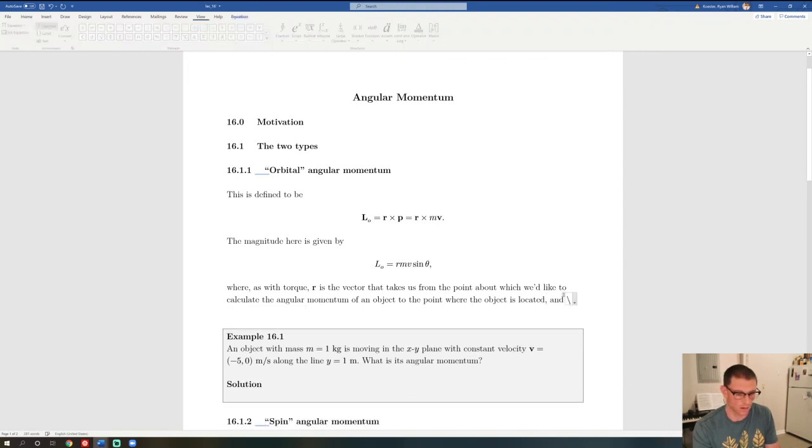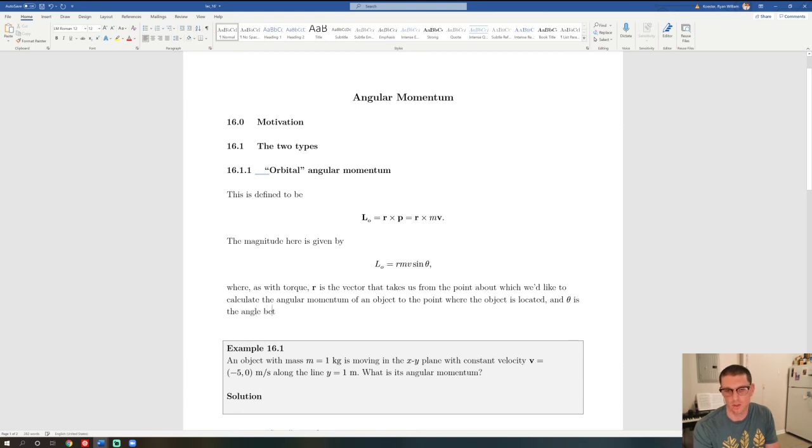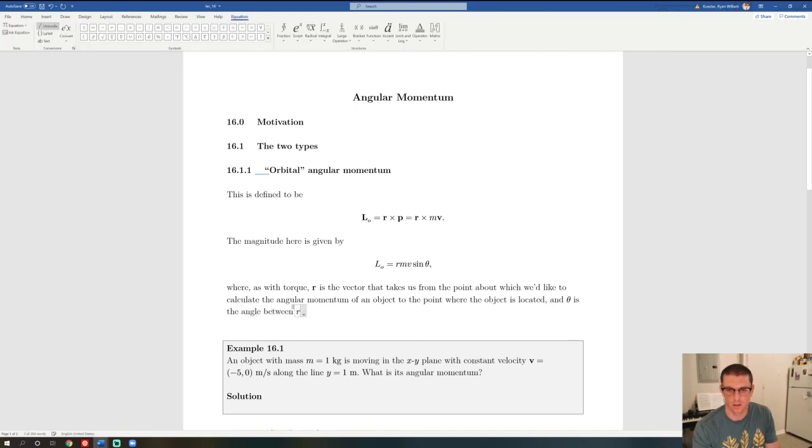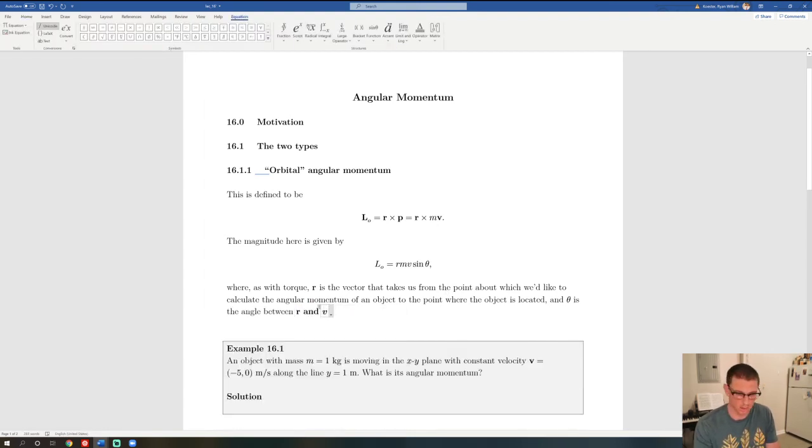And theta is the angle between the r vector and the v vector.